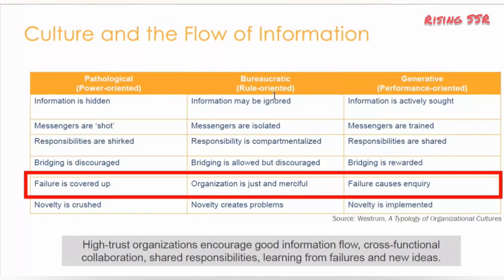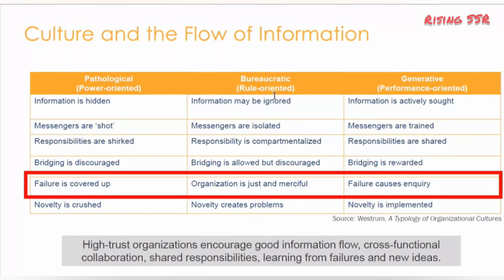There as well, if anyone commits any failures, to some extent it is okay compared to pathological, but still it is not that great, right? There is a lot of blame game, a lot of finger pointing, which happens in case failure takes place.